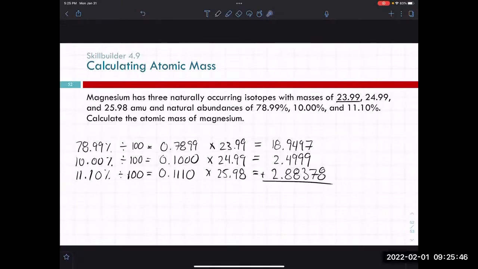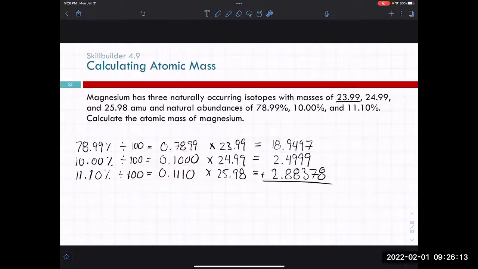You'll notice too that even though these masses are all roughly the same, this is why it's called a weighted average. So you can see that the largest number comes from our largest percent, right? Because this is multiplied by the 78. So we get 18 here. And then these other masses, which represent less abundant isotopes, are multiplied by smaller numbers.